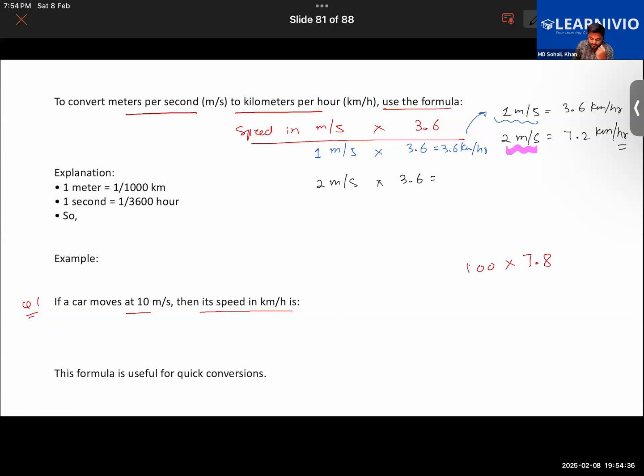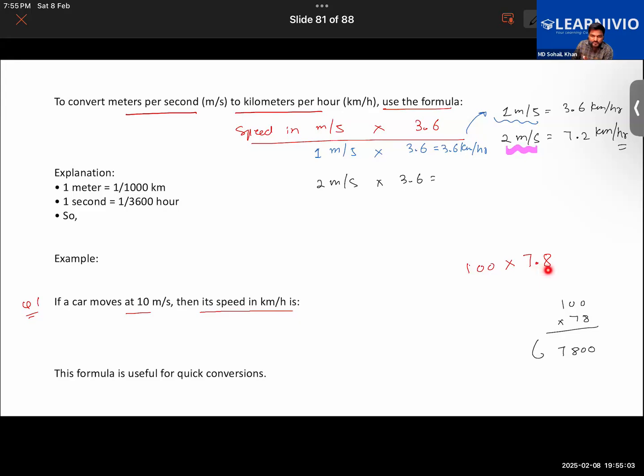We can do the multiplication considering that they are normal numbers, like a natural number, only 78, not 7.8. So after multiplication, your answer would be 7,800, right? Now, there's a decimal number also here. After the decimal point, how many digits are there?